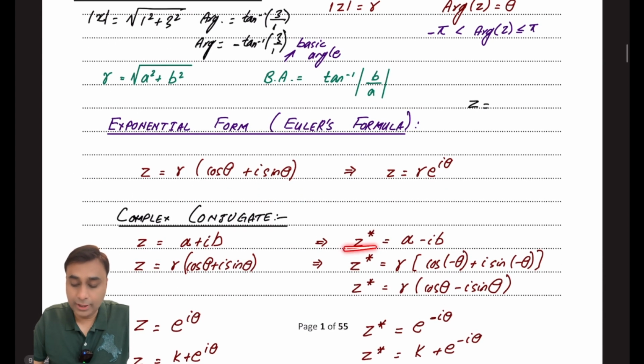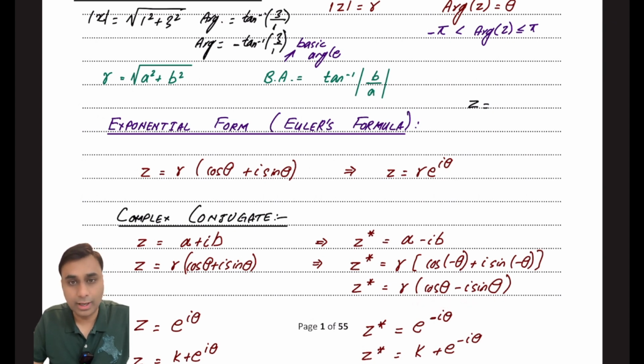So if you're finding the complex conjugate, we already know that you just have to change the sign of the imaginary part. So if I have it in the moduli argument form, its complex conjugate would be the one which has a minus theta in it. Cos of minus theta becomes cos theta and sine of minus theta becomes minus sine theta. So you can also write it down as cos theta minus iota sine theta.